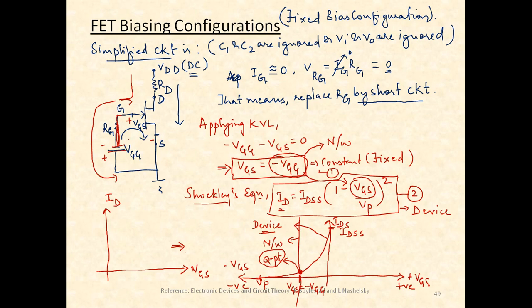Then when we solved it by applying KVL for the input loop, we got the expression VGS equal to minus VGG. When we plotted it with the device characteristics, the point of intersection gave us the Q point. By the way, what information will the Q point give you? What is the significance of the Q point?